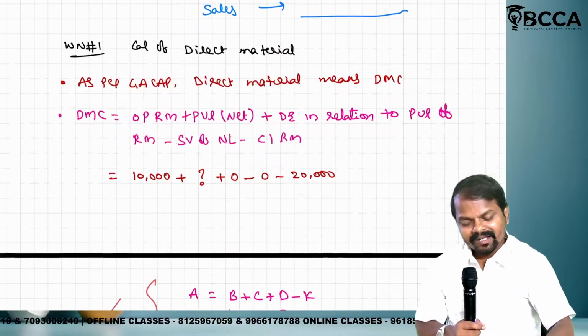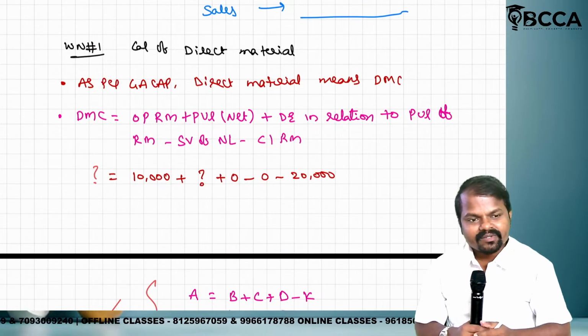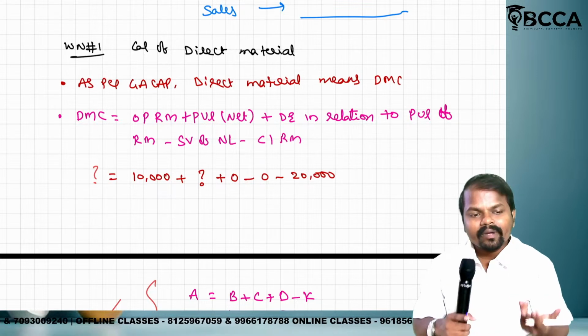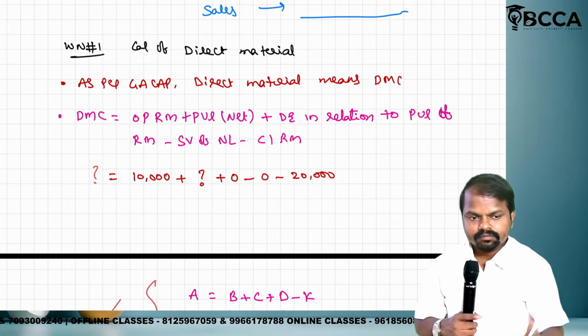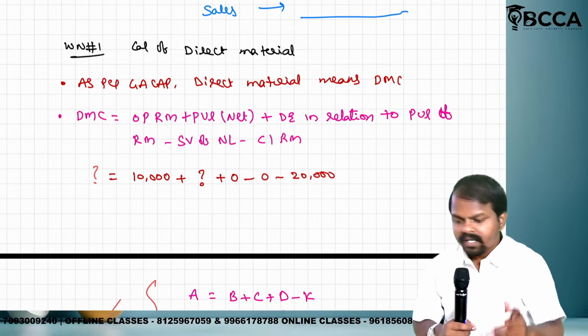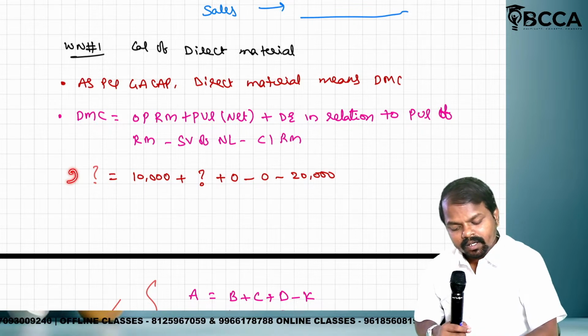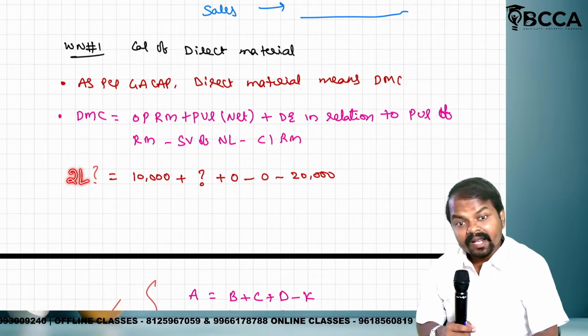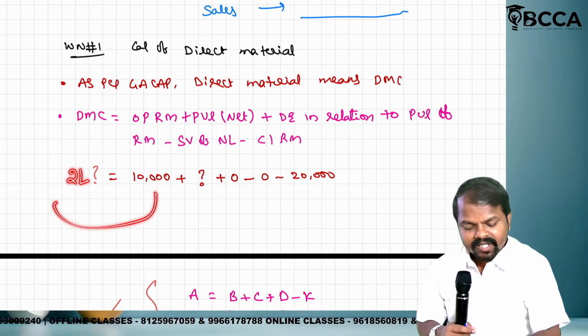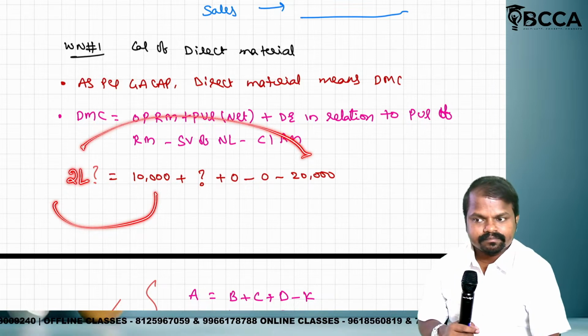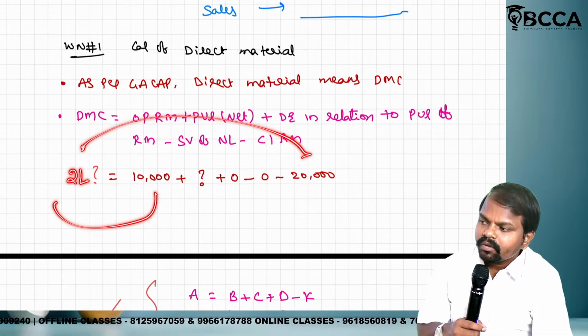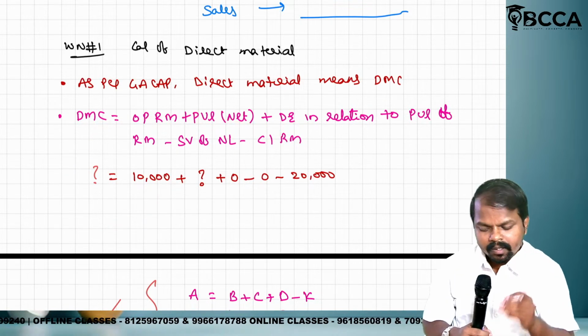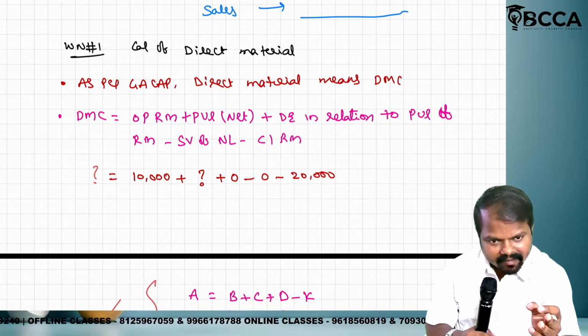Same logic. Direct material consumed we don't know, purchases we don't know. Are you joking? How can we conclude? For example, if direct material consumed were 2 lakh, in that scenario I can find out. Why? This 10,000, this 20,000 I will transfer. Now tell me, is direct material consumed given in the question paper?